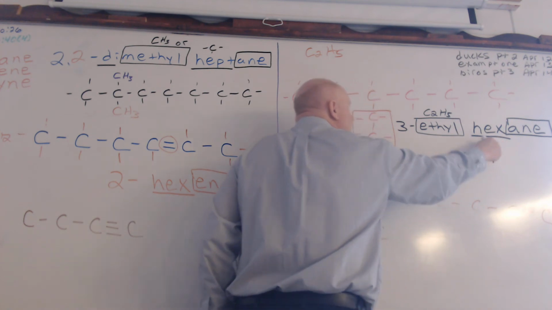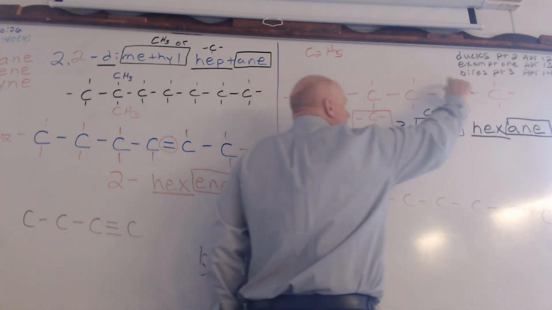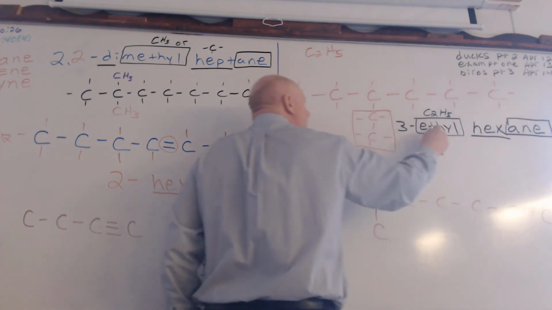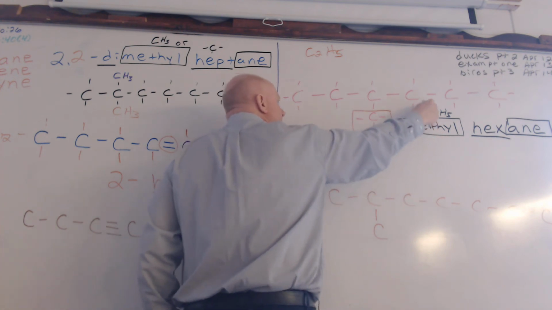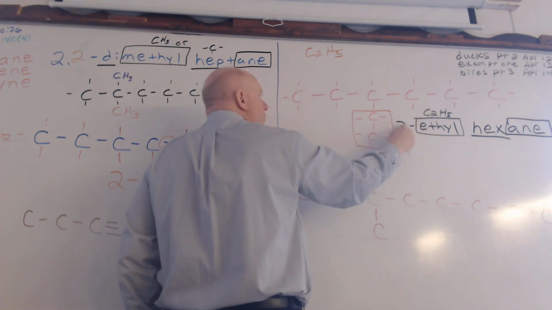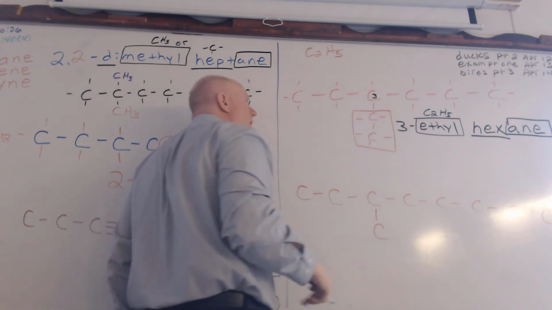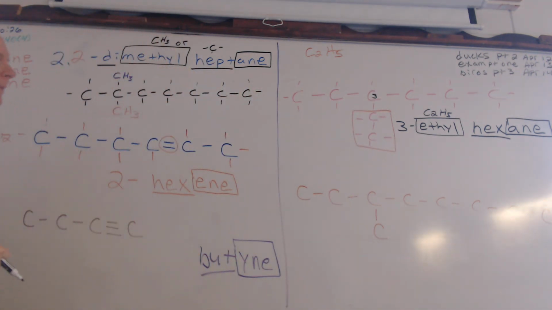There's your 6. Everything is single bonded, so it's an alkane. This says there's an ethyl group, or C2H5, and this tells you which carbon it's on. Number 3. Any questions on this ethyl group?